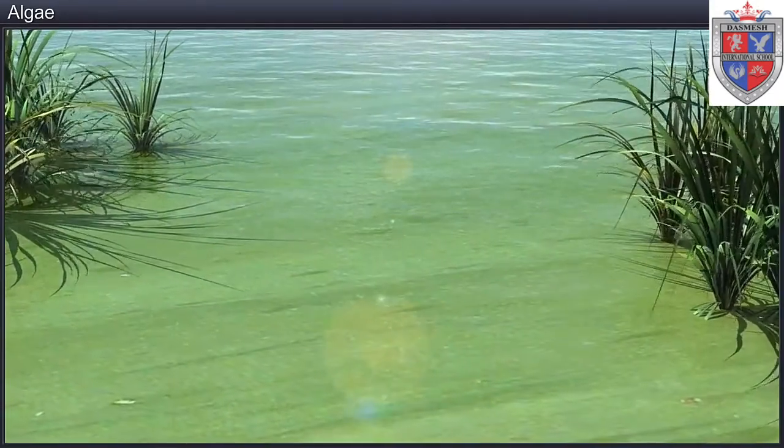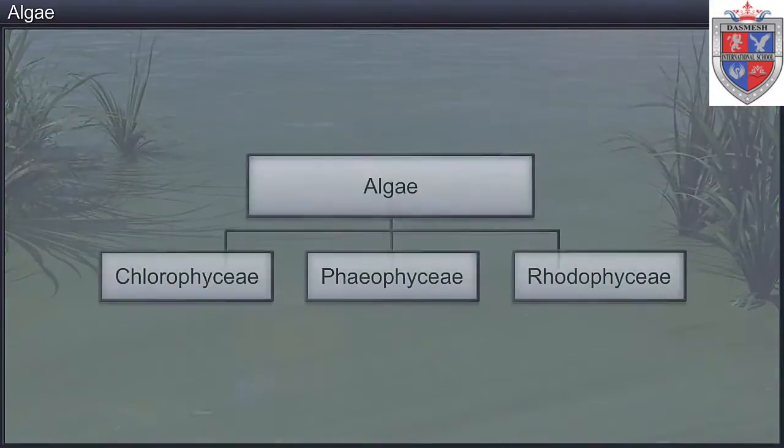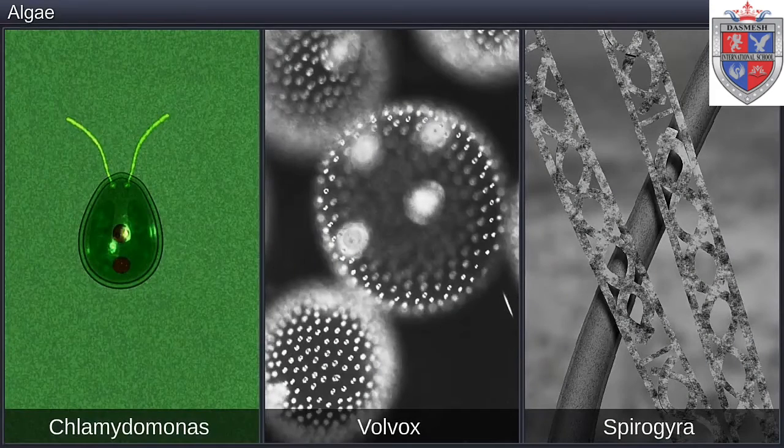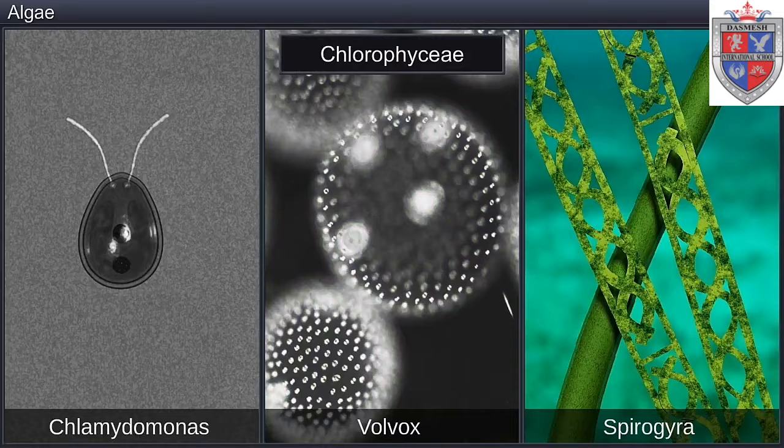Based on the type of pigment and the type of stored food, we can classify algae into Chlorophyceae, Phaeophyceae and Rhodophyceae. Chlamydomonas, Volvox and Spirogyra are some members of the class Chlorophyceae.